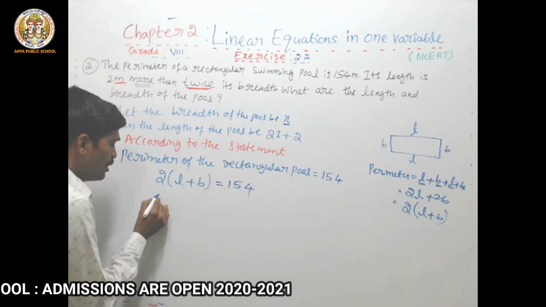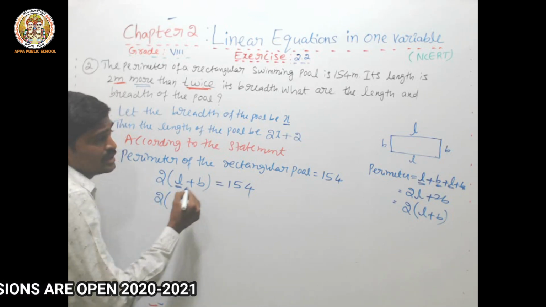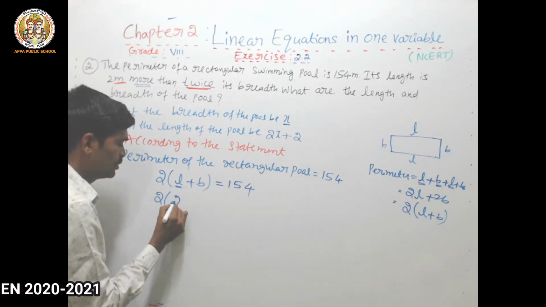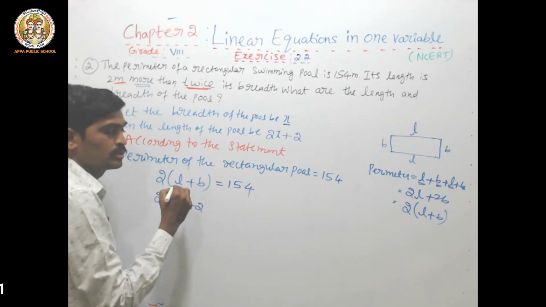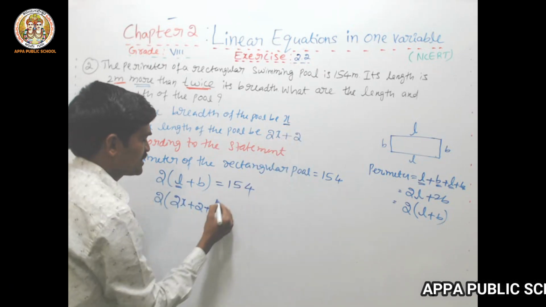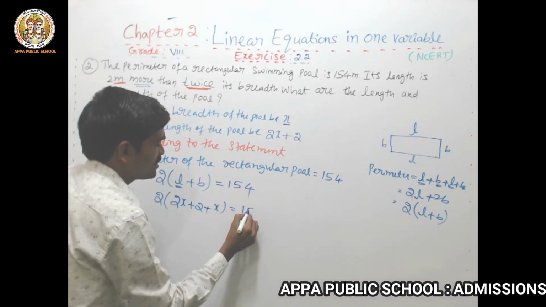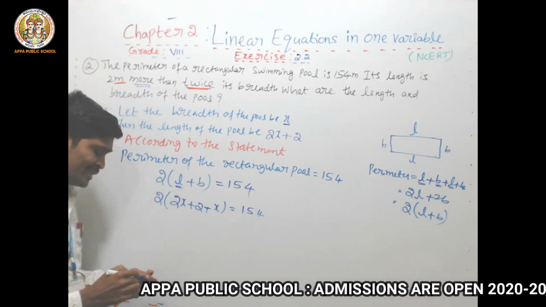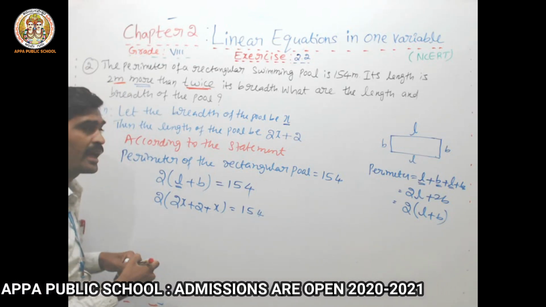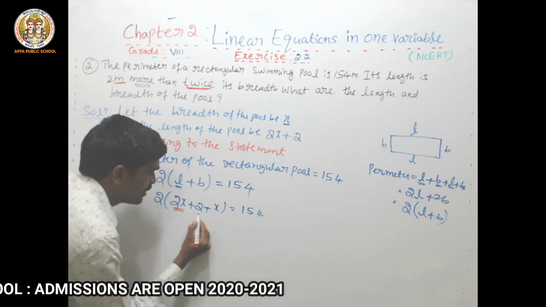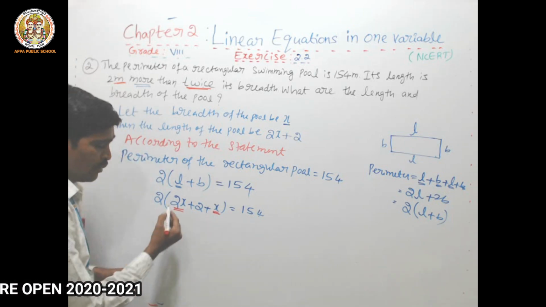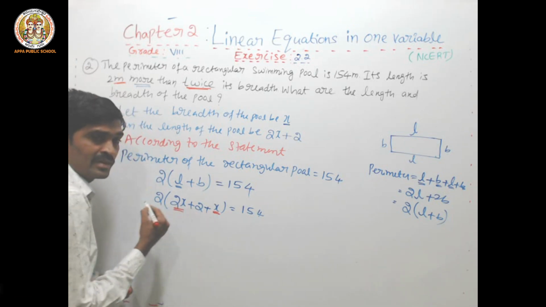Understood? Now we already know that length is equal to 2x plus 2. Breadth is equal to x, and that is equal to 154. Here, my dear students, 2x and x are like terms. You can add. Variable and constant never add and never subtract.